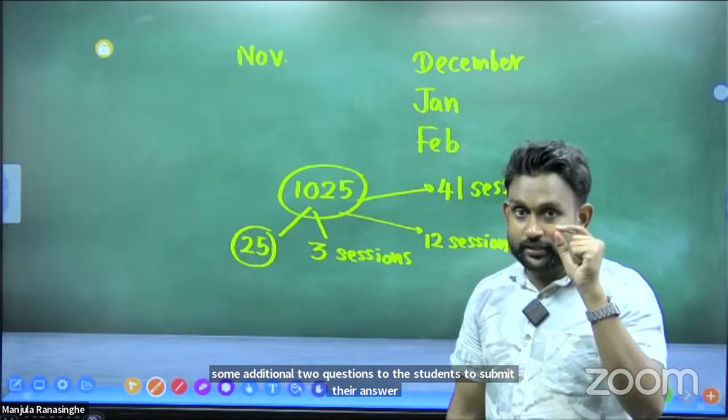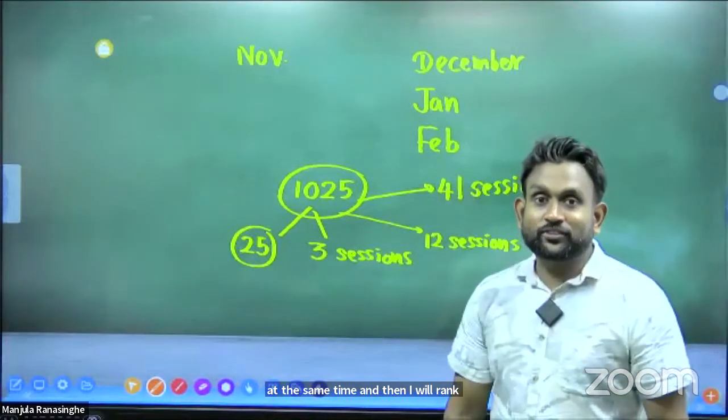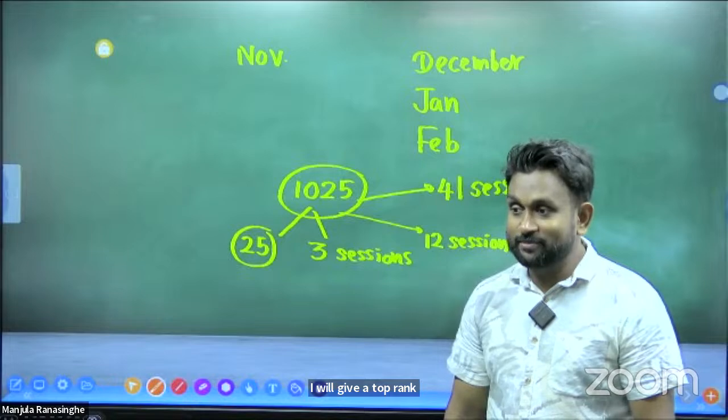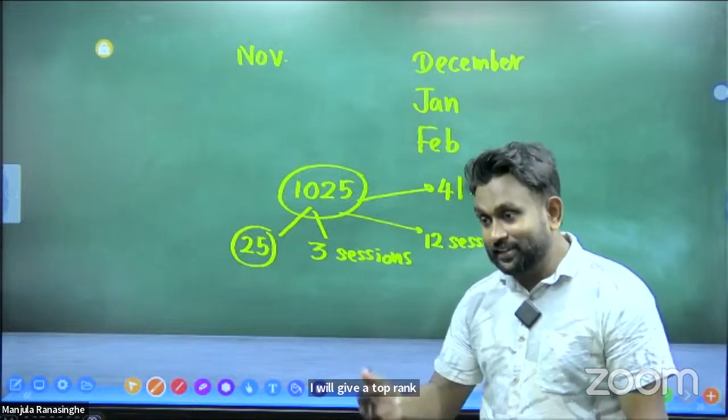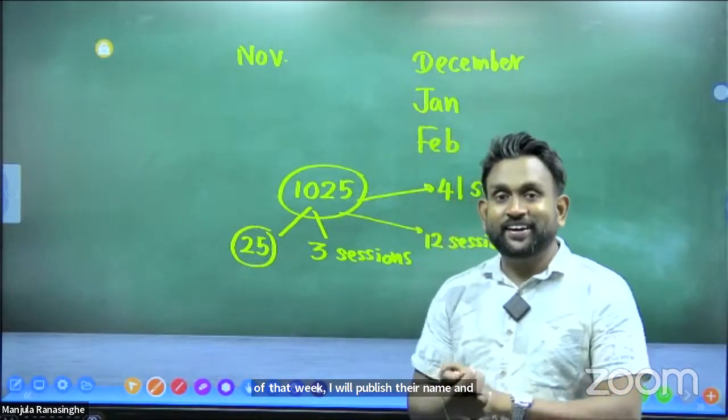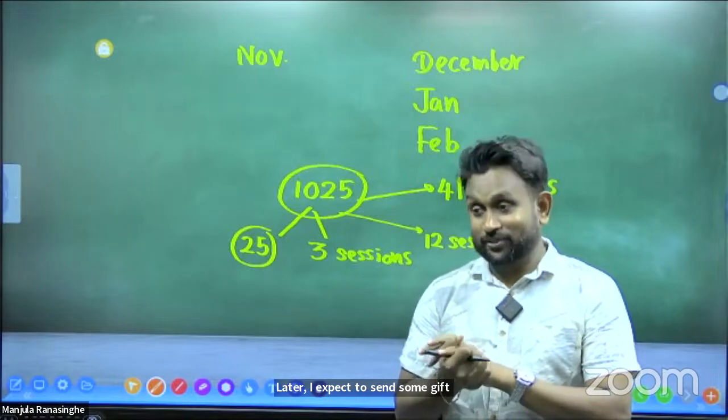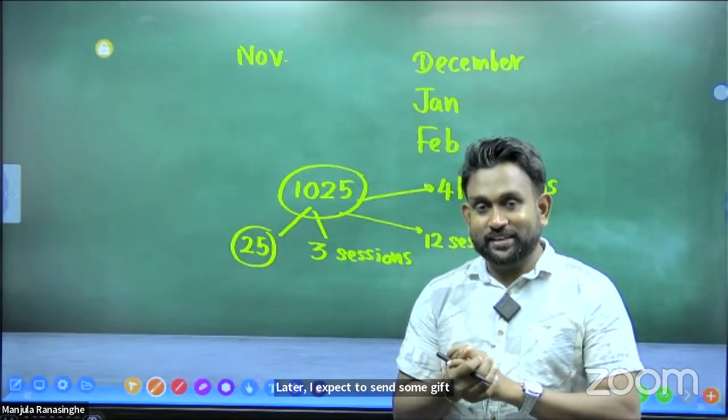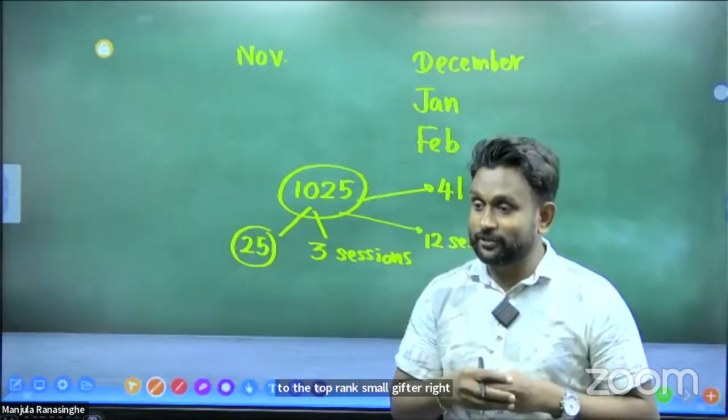I will give the top ranker of that week. I will publish their name, and later I expect to send a small gift to the top ranker, right? Then that will be a bit of an interactive session.